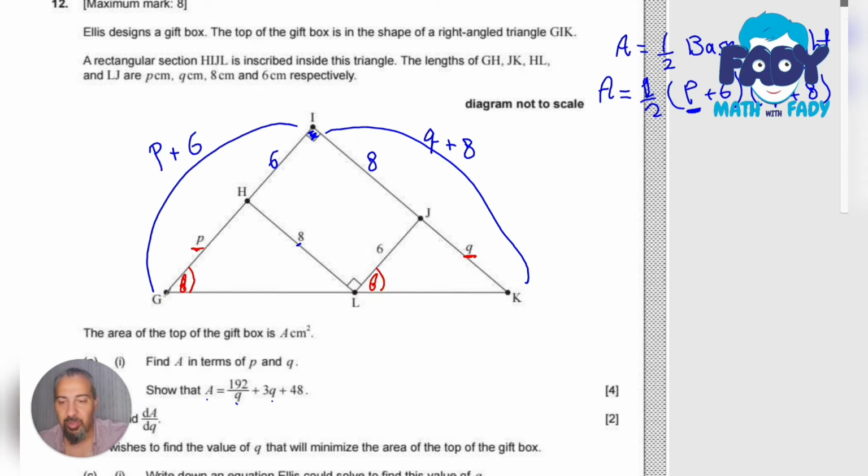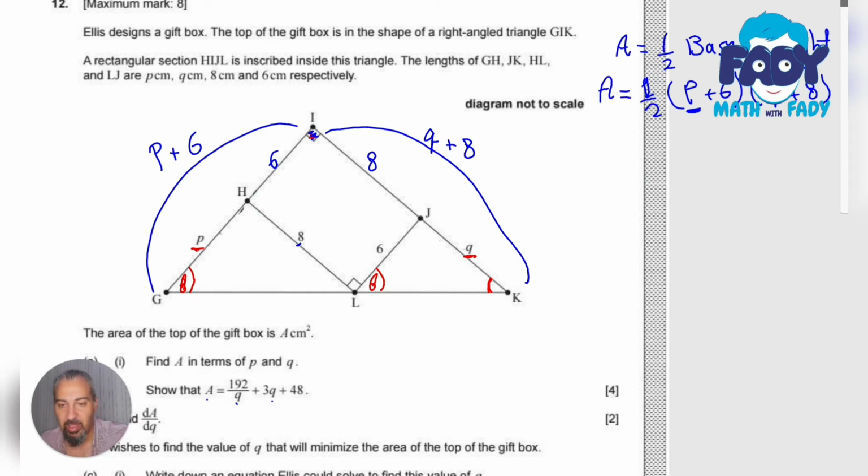Because this theta, the angle G, exists in the small triangle GHL, and it also exists in the big triangle GIK. It means that here we have 90, we have theta, and angle K is the same angle K in this small triangle. So in the big triangle, we have theta, we have 90, we have K.